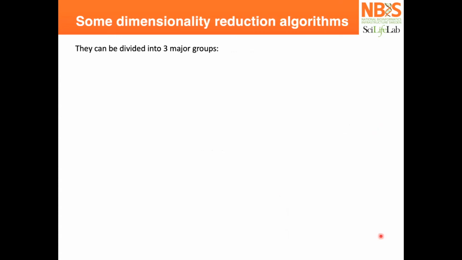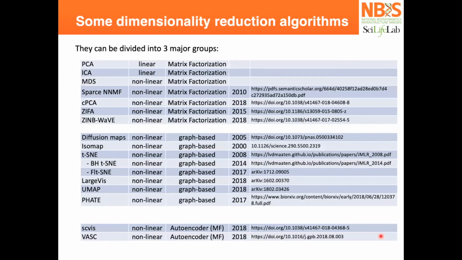Dimensionality reduction algorithms can be divided into 3 major groups. Matrix factorization based, which is a linear algebra multiplication of matrices to find a reduced space. Graph-based methods and autoencoder-based methods, which can be considered as a part of the matrix factorization as well. There are many different methods, some of them also being developed specifically for single cell data analysis.